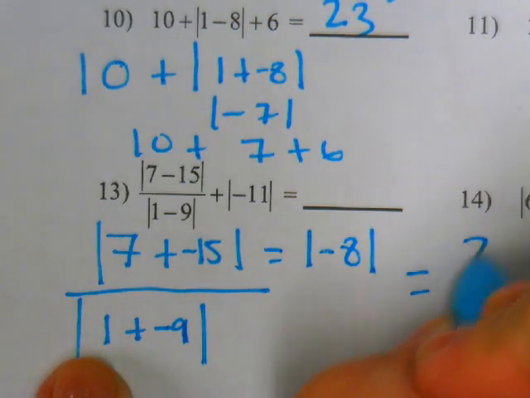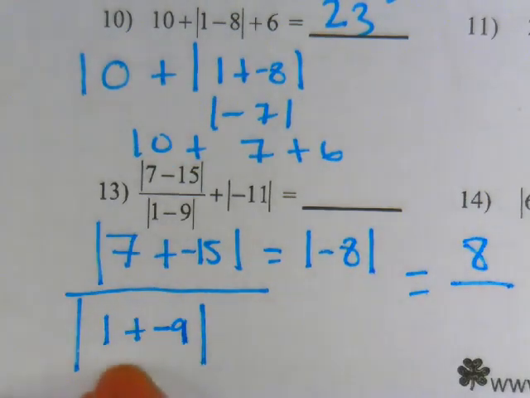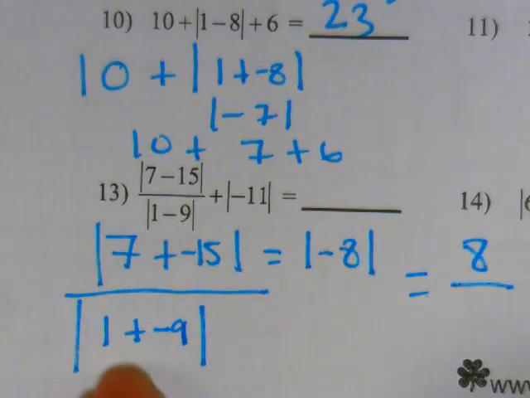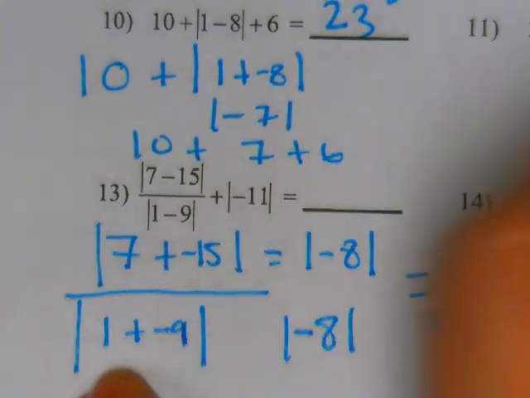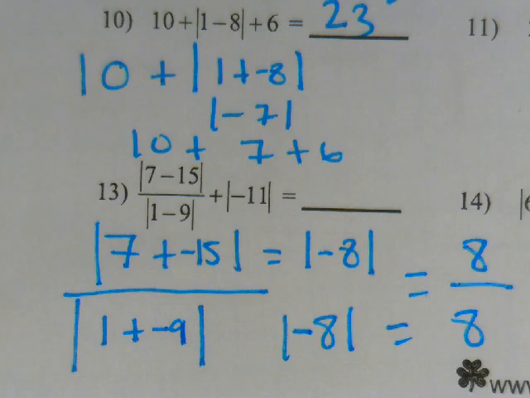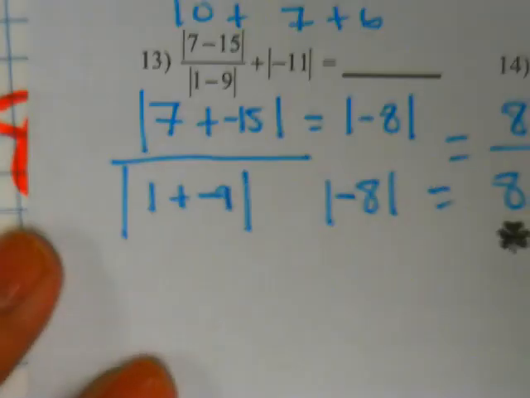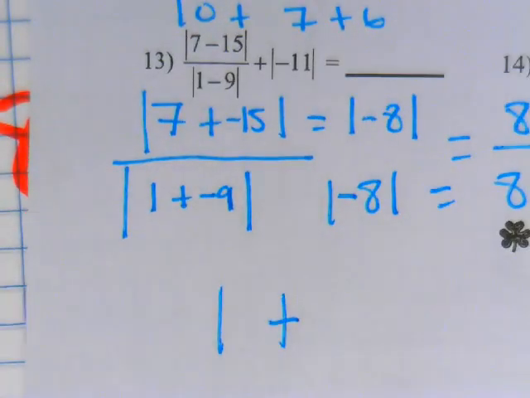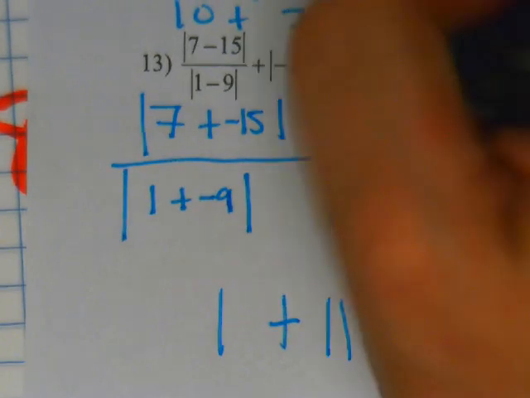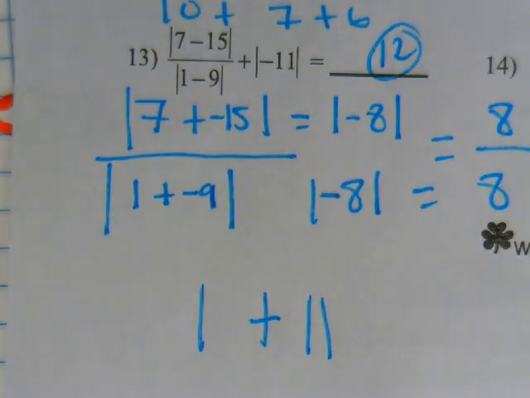What's 1 plus negative 9? Negative 8 again, which is 8. 8 divided by 8? 1. 1 plus absolute value of negative 11? Final answer? We ready? We're good?